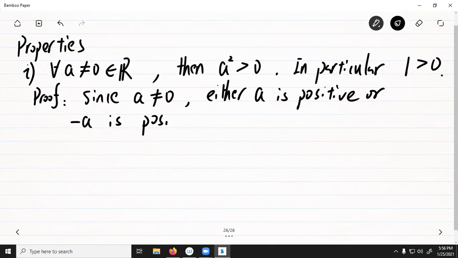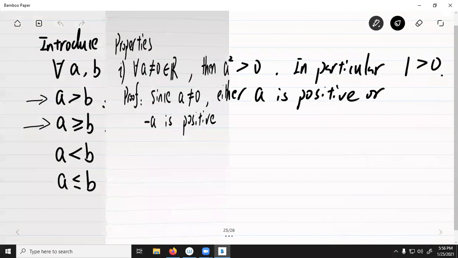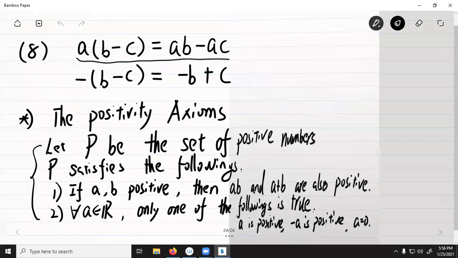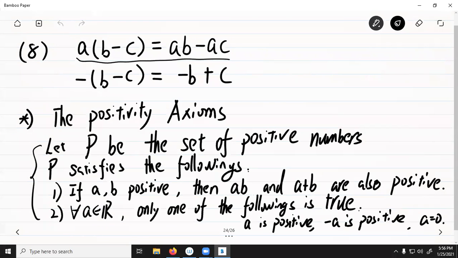This is by the second part of the positivity axiom. A equals 0 is impossible because it says A is not 0, so you only have these two choices: A is positive or negative A is positive.